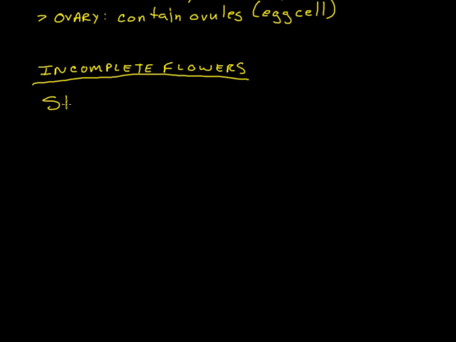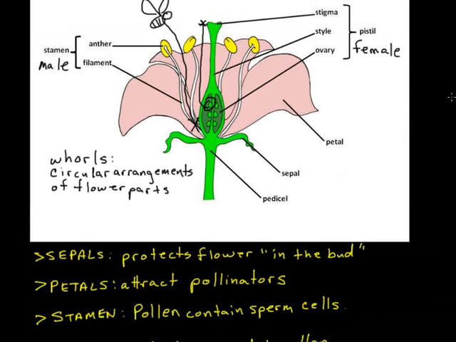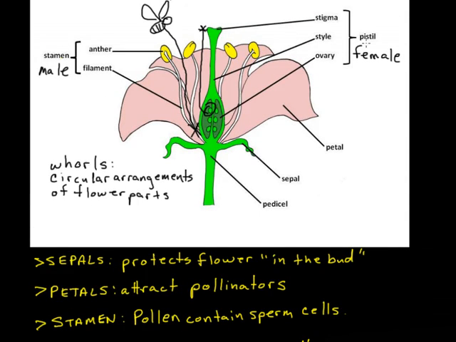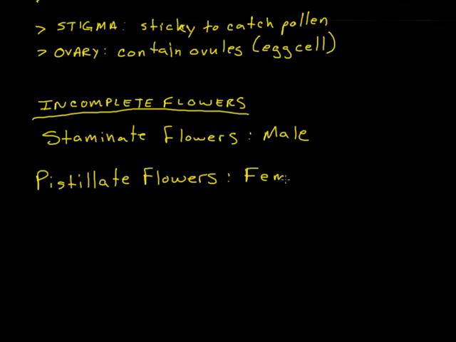We've got staminate flowers, and we've got what are referred to as pistillate flowers. And as it says in the notes, and you should probably guess from the naming of the different parts here, stamens being male, pistils being female, staminate flowers are considered to be male and pistillate flowers are considered to be female.